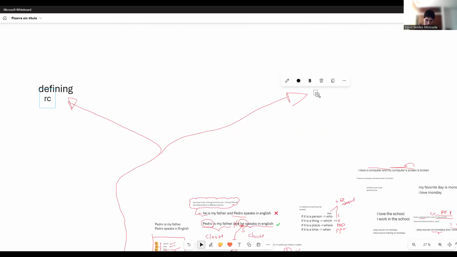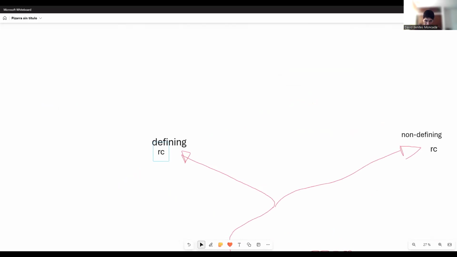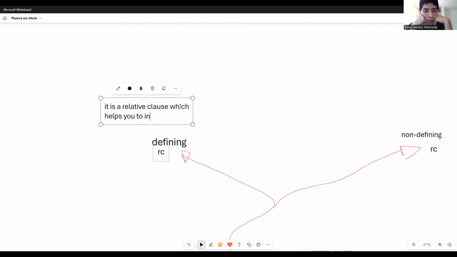And you say, Carlos, is this important? Yeah, it is very important. Why? Because it says that a defining relative clause is a relative clause which helps you to identify.